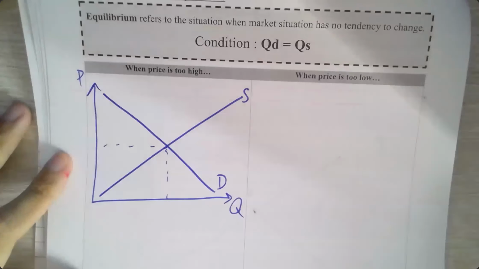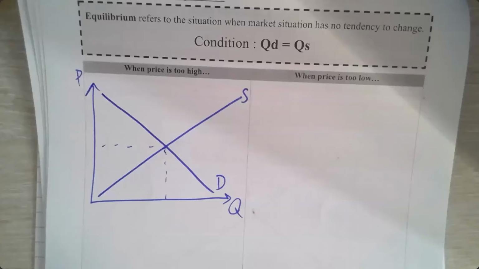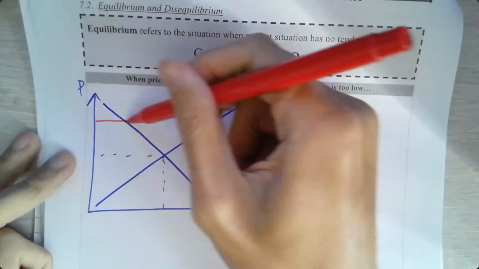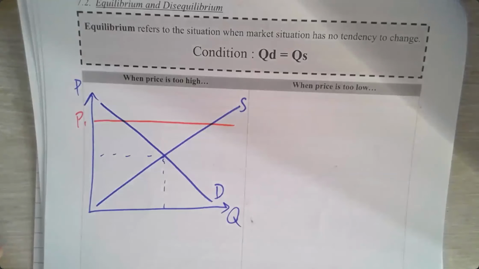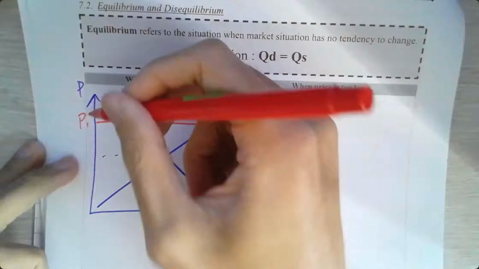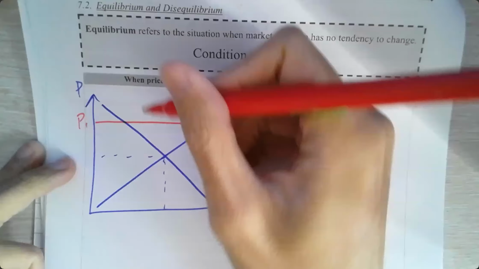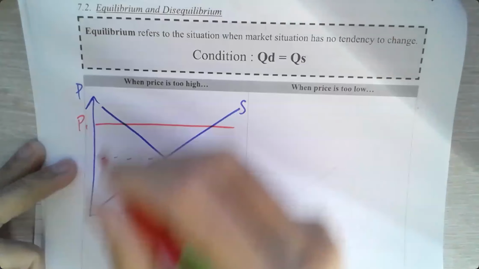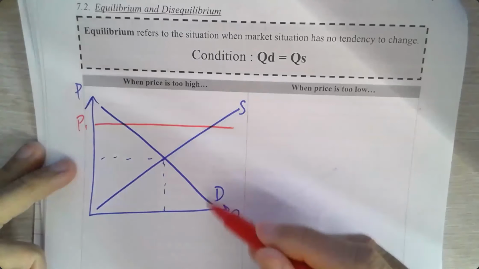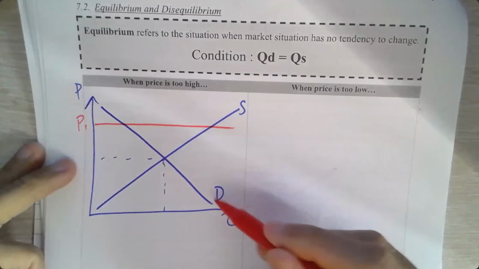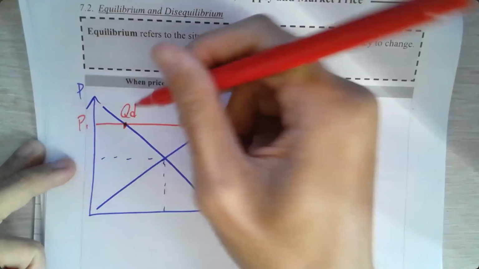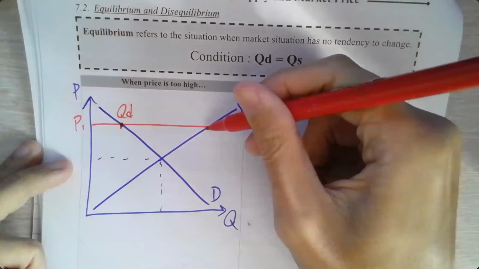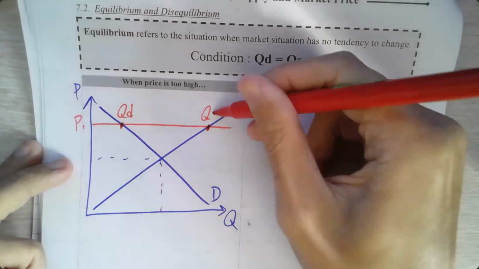Somehow, let's say the price somehow end up here at P1. At P1, what happens? Let's go from P1 over here. You see, P intercepts with demand, right? With demand. So this point, QD right here, and QS right here.